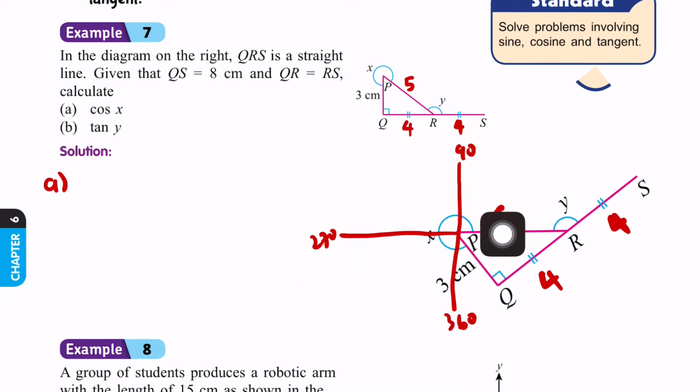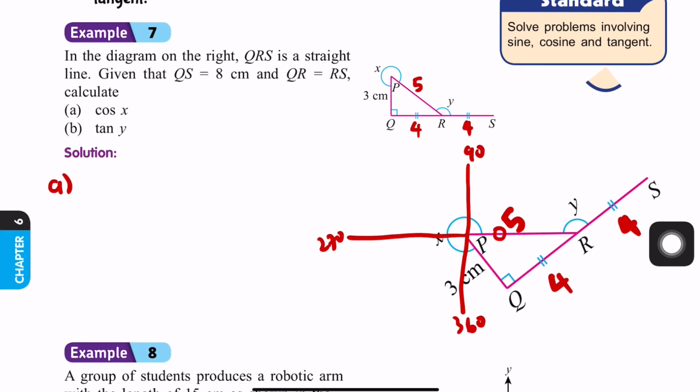So nampak tak? X kita berada dalam fourth quadrant. So kita tahu X is located in between 270 and 360. Okay, so kita tahu X is in quadrant 4.